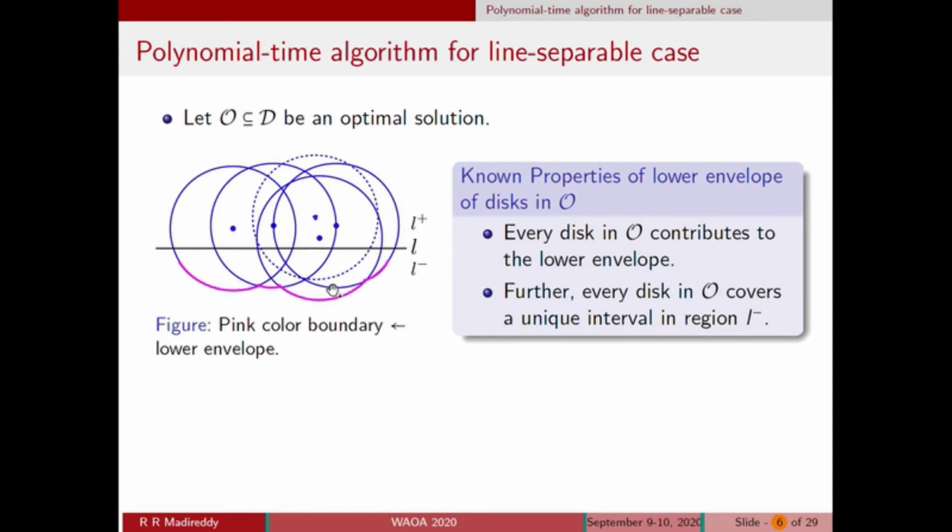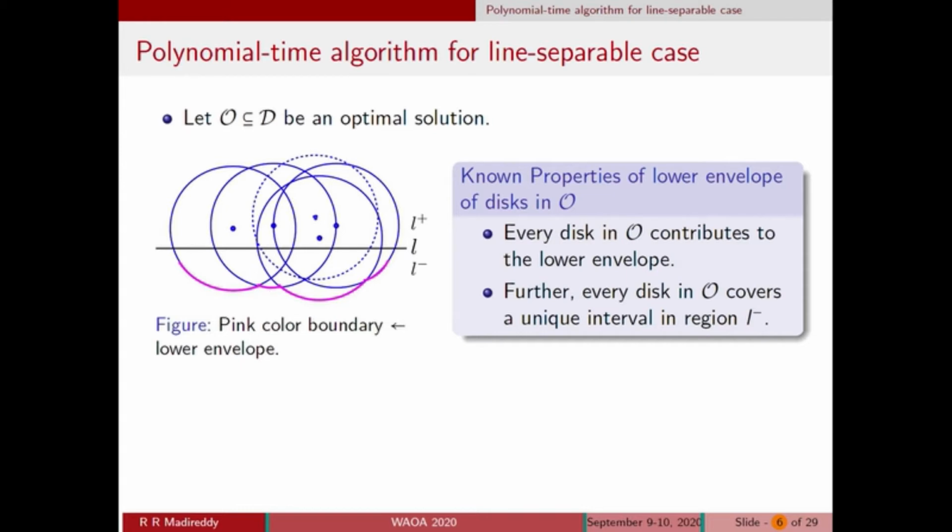So such a disk is not required in the optimal solution. Second property: every disk in O covers a unique interval in the region. This is true because the centers are above the line, and these arcs belong to the lower half of the disks.